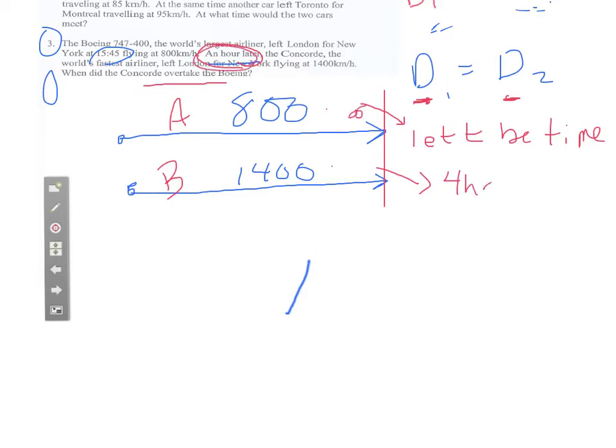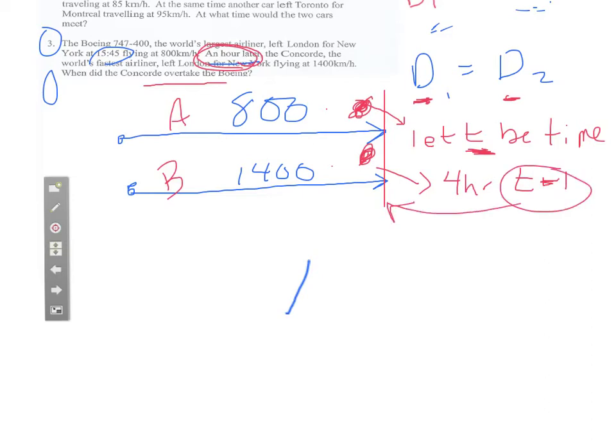If this one was 6 hours, this would be 5 hours. If this was 7 hours, this would be 6 hours. It's an hour later. So if t is time, and we don't know what the time is, t minus 1 will be the time of this one.